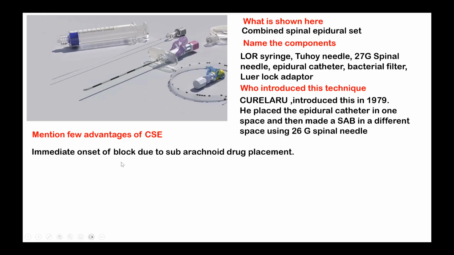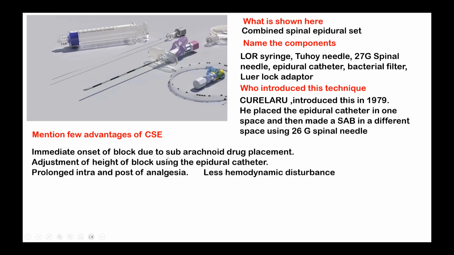So the onset of block is immediate and titratable due to subarachnoid drug placement, with adjustment of the height of block using the epidural catheter, prolonged intra- and post-op analgesia, and less hemodynamic disturbance, because the subarachnoid dose is drastically reduced compared to the single shot. So the hemodynamic disturbance is also less.